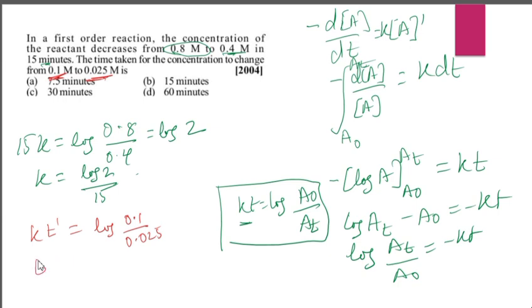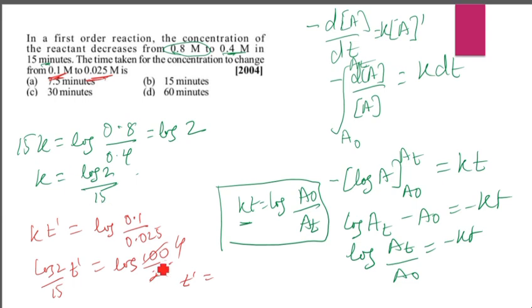So log 2 by 15 t dash equal to log, what will it be, 100 by 25, so 4. So t dash equals 15 log 4 upon log 2.